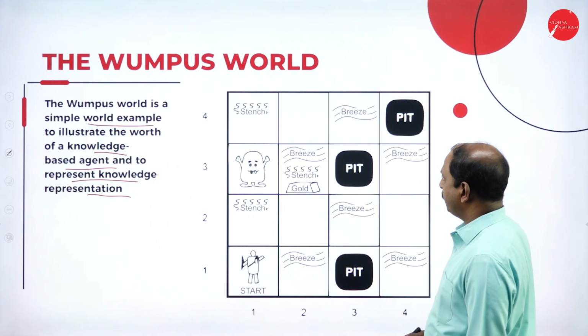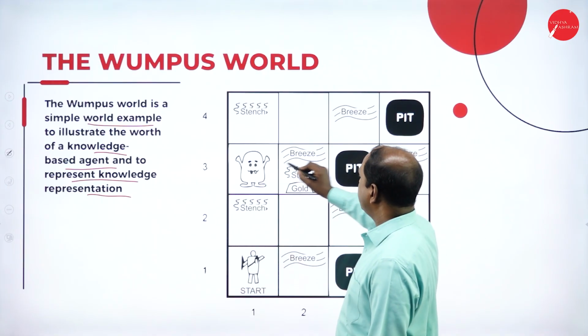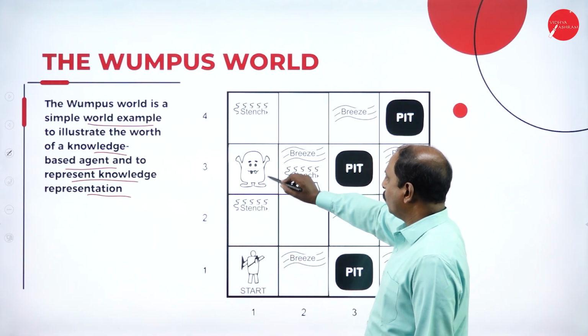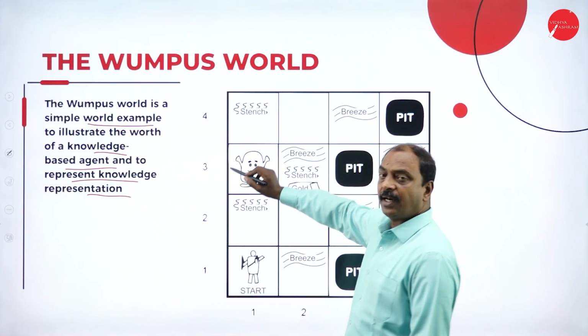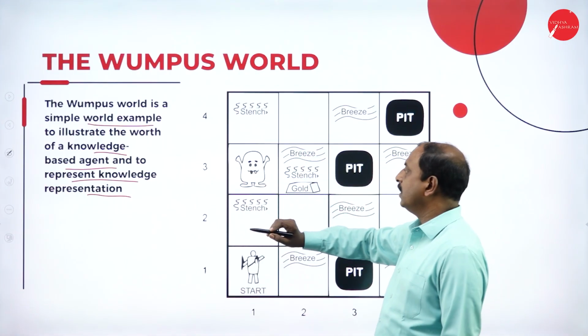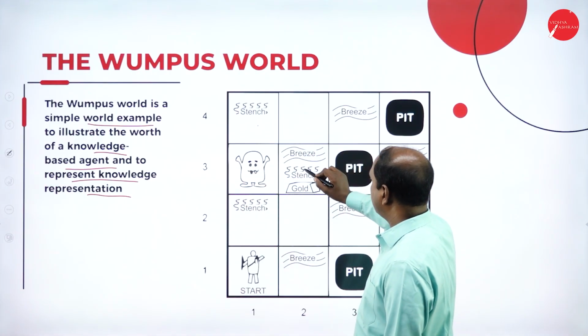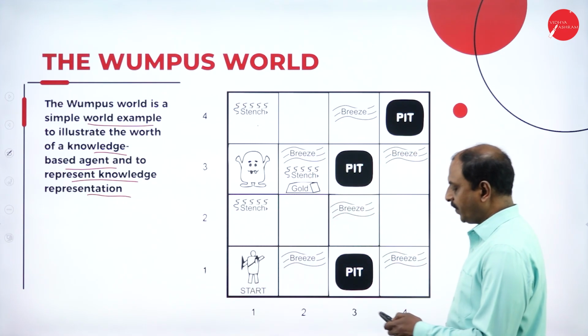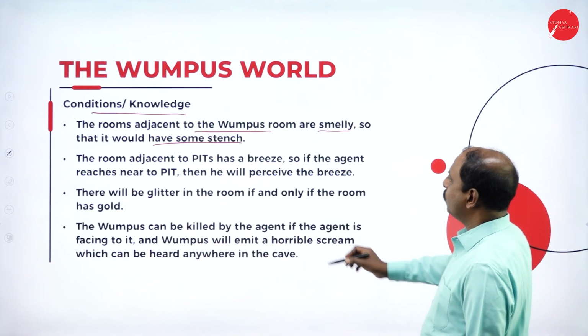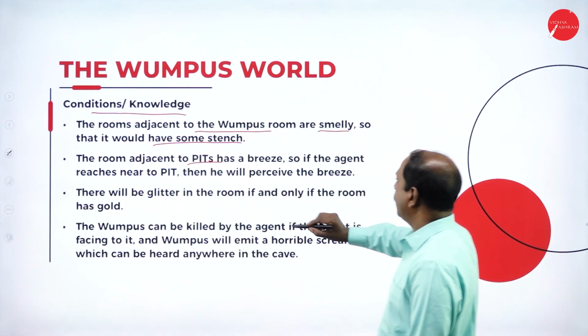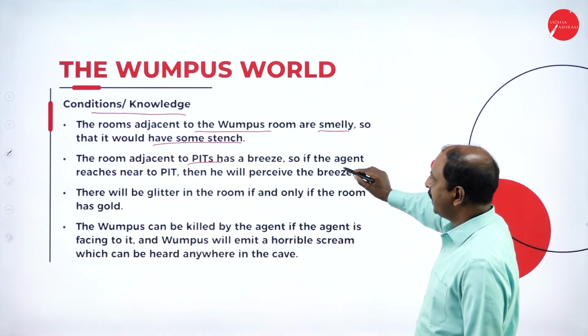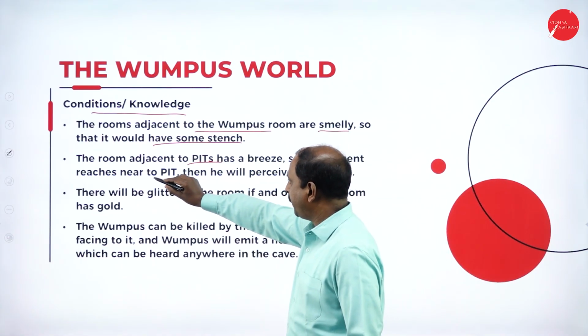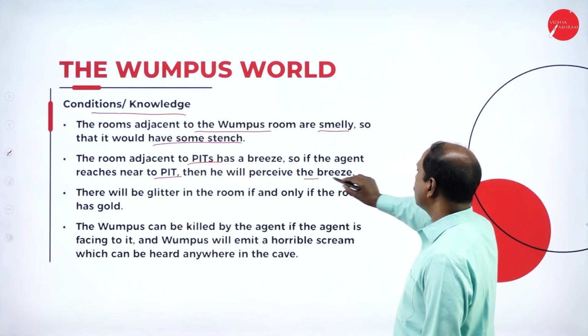So, this is the diagram here. The adjacent rooms of the Ohms have stench, or it is going to give us a bad smell. So here, this is the one, here and here. That is the first condition. Next one is the room adjacent to a pit has a breeze. So if the agent reaches near the pit, then he perceives the breeze.